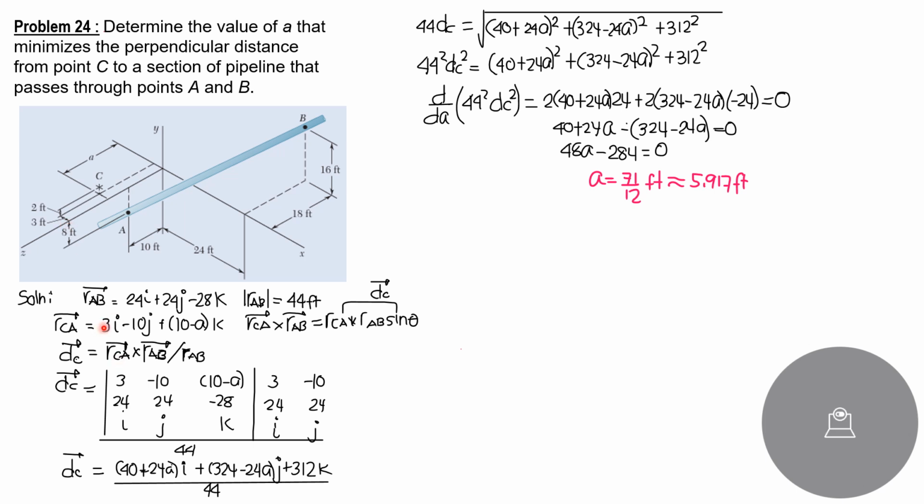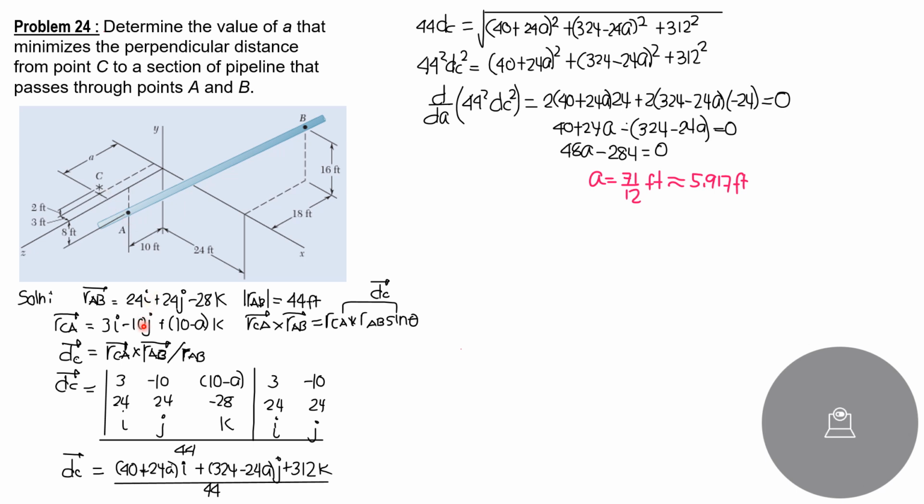So that's 3i. Then for A, which is y negative 8, negative 8 minus positive 2. So point C is 2 feet above the xz plane. So that's negative 8 minus positive 2, negative 10.